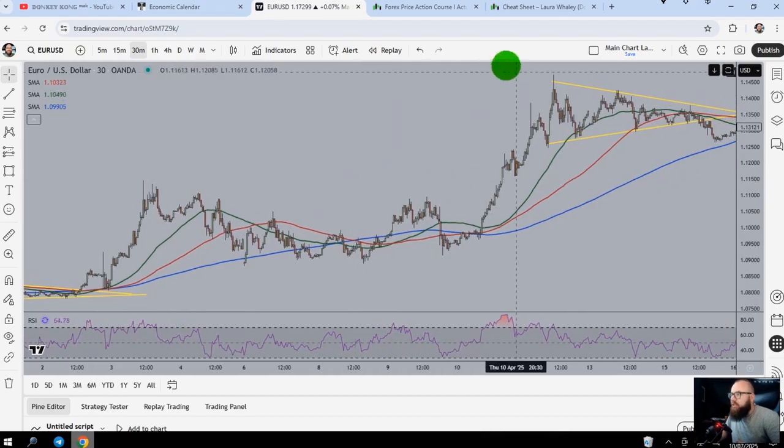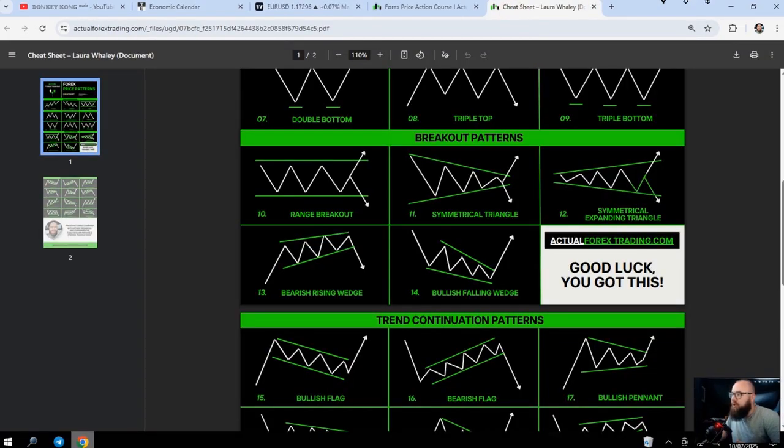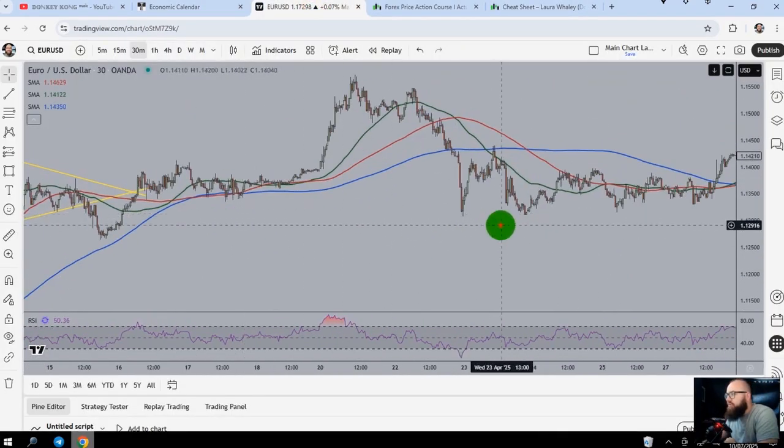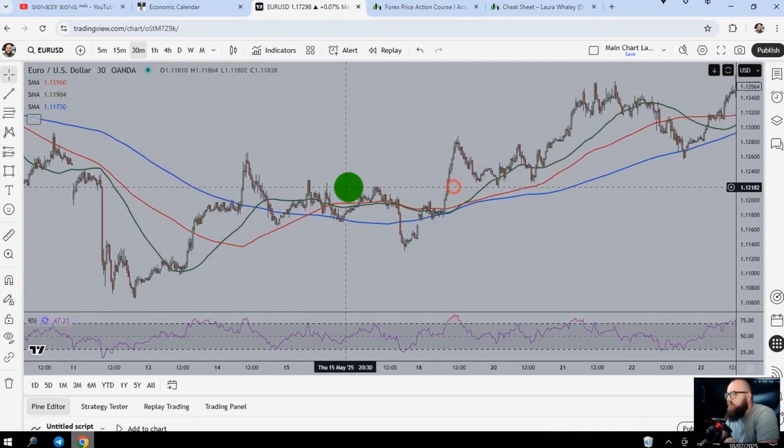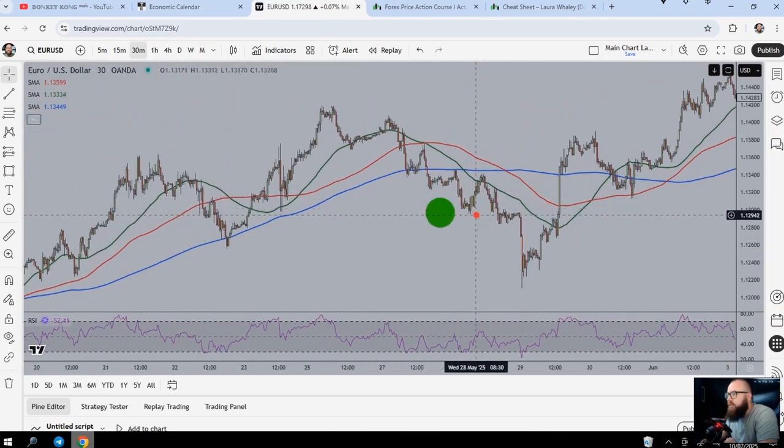Now, it's even harder to spot an expanding triangle. It's the same thing, but in reverse. So you still have a diagonal resistance and a diagonal support. They're actually getting further and further away from each other. And I don't know if it's worth the effort of trying to find one of them, though I did spot one on a lower time frame.